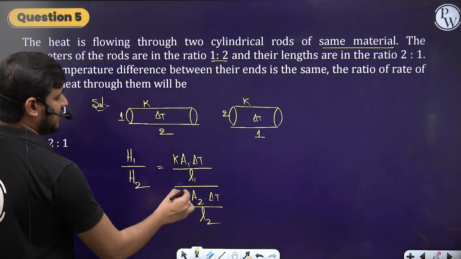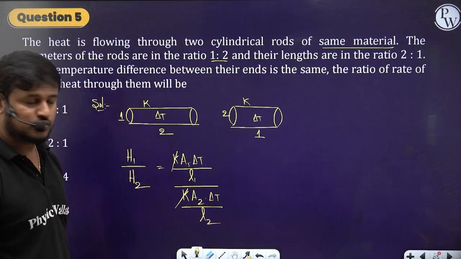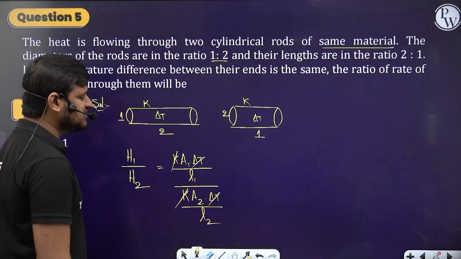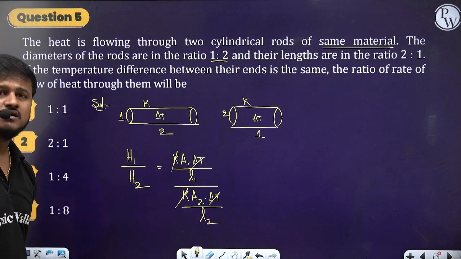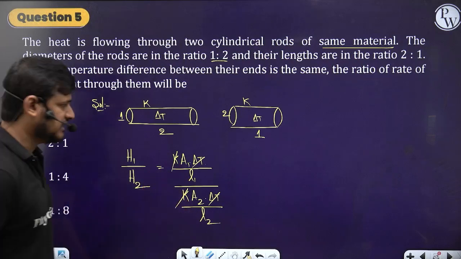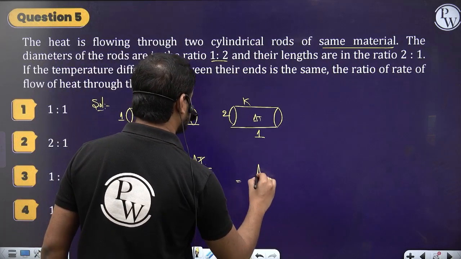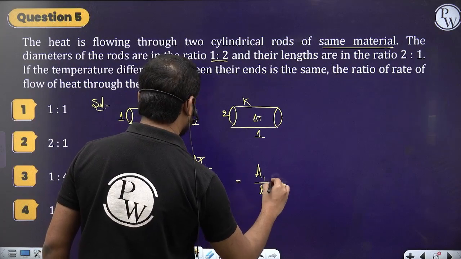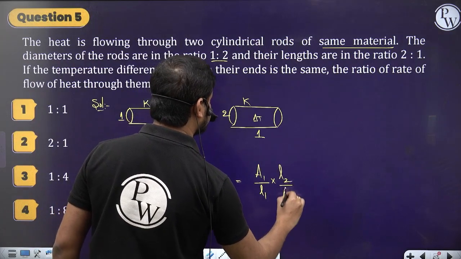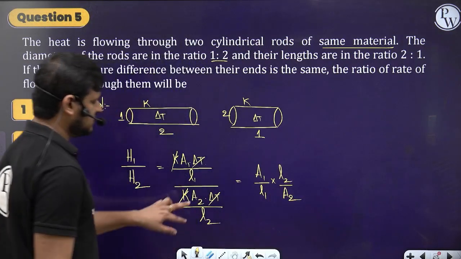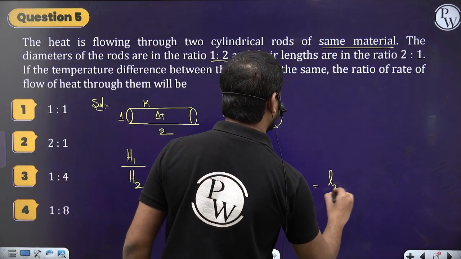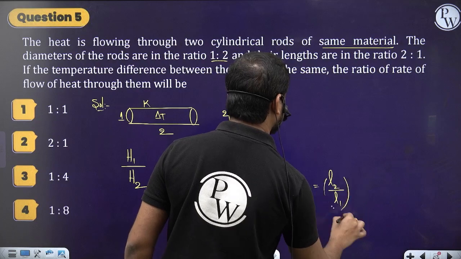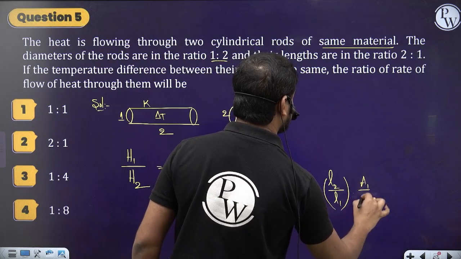Because the material is the same, K is the same, and the temperature difference is also the same. So the only things varying are area and length. Reversing the second one, I can write L2 by L1 into A1 by A2.